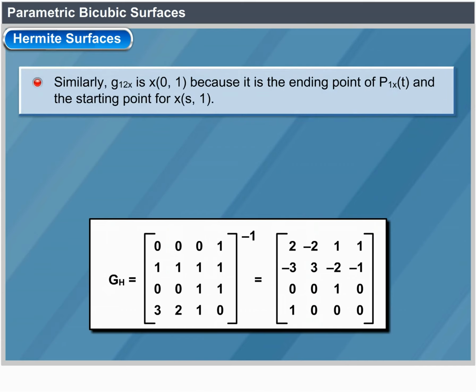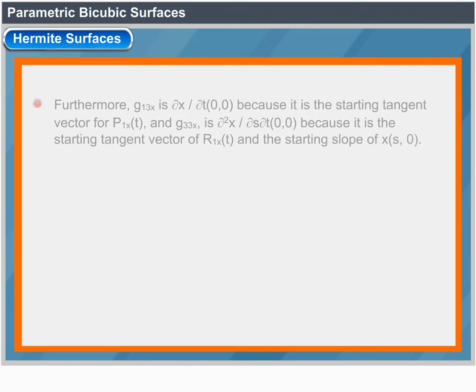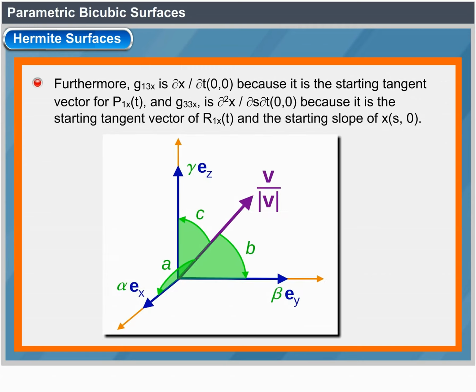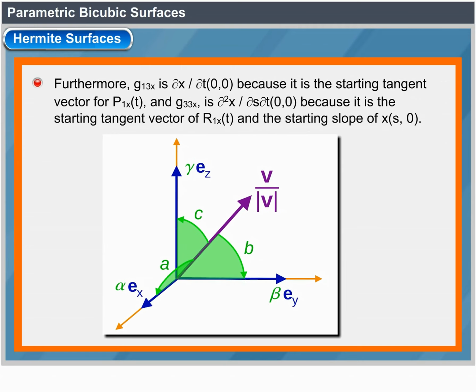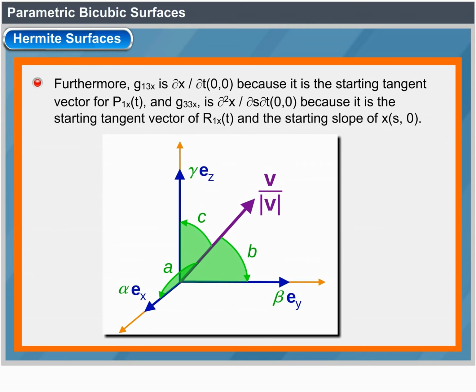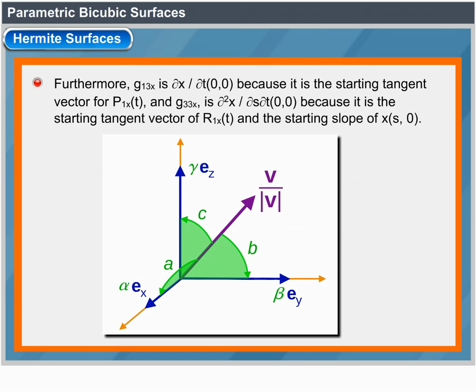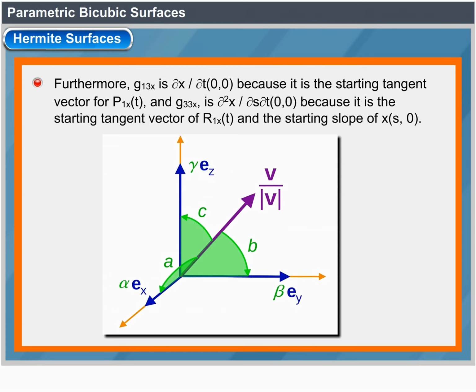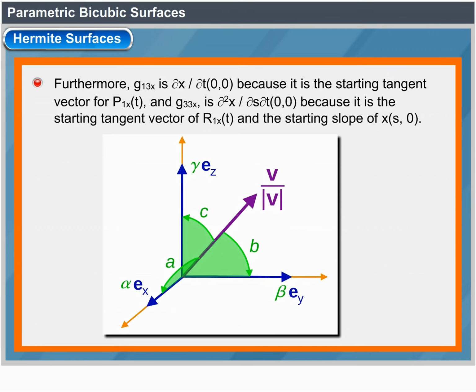Similarly, G12x is x(0, 1) because it is the ending point of P1x(t), which is in turn the starting point for x(s, 1). Furthermore, G13 is dx/dt(0, 0) because it is a starting tangent vector for P1x(t), and G33x is d²x/ds dt(0, 0) because it is a starting tangent vector of R1x(t), which in turn is a starting slope of x(s, 0).